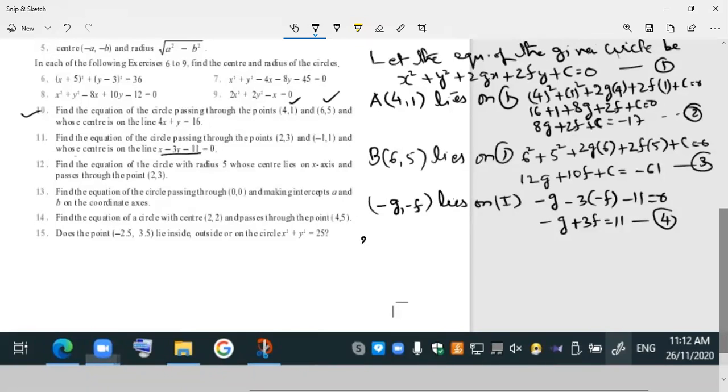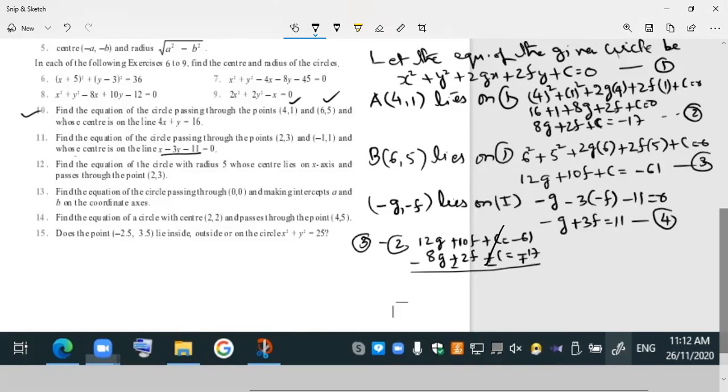So equation number 3 minus equation number 2. Equation number 3 is 12g plus 10f plus c is equal to minus 61. This should be subtracted from the second equation, that is 8g plus 2f plus c is equal to minus 17. Now the sign will be changed: minus, minus, minus, plus.